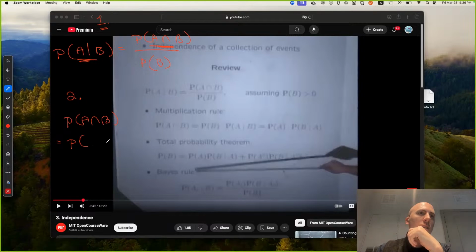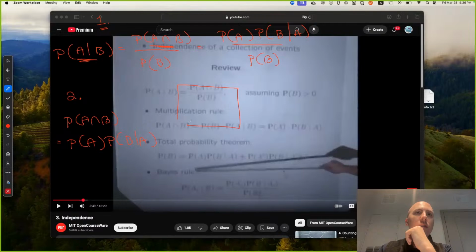This is equal to the probability of A times the probability of B given A. To get from here to here, consider the probability of A given B. It's A and B, and you're in this world now, just given B. So that's where the denominator comes from.